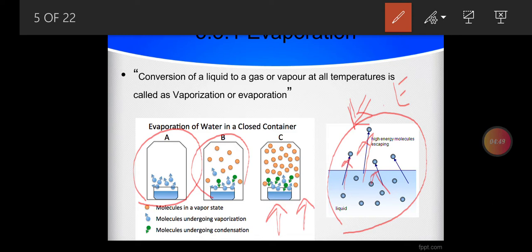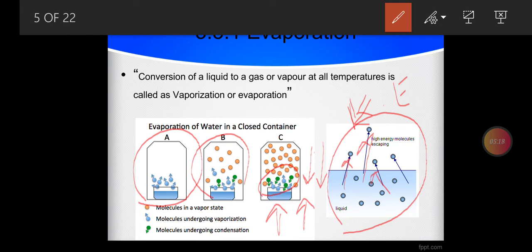Now at the same time, as time passes, some of the molecules that escaped the surface of the liquid due to their high energy cool down and start converting back to the liquid state. That is called condensation. You can see the green color molecules condensing back to the liquid state.